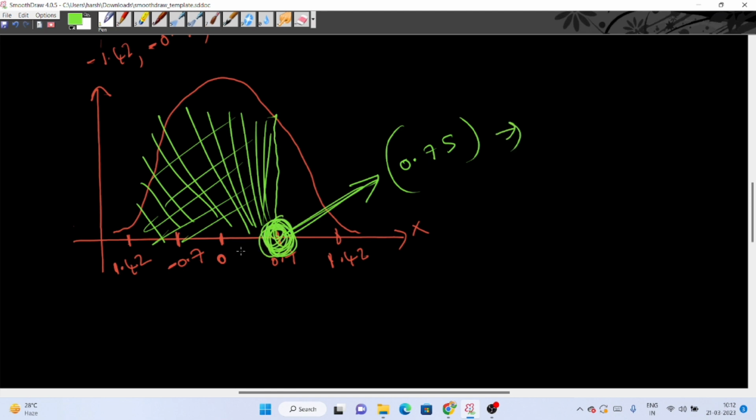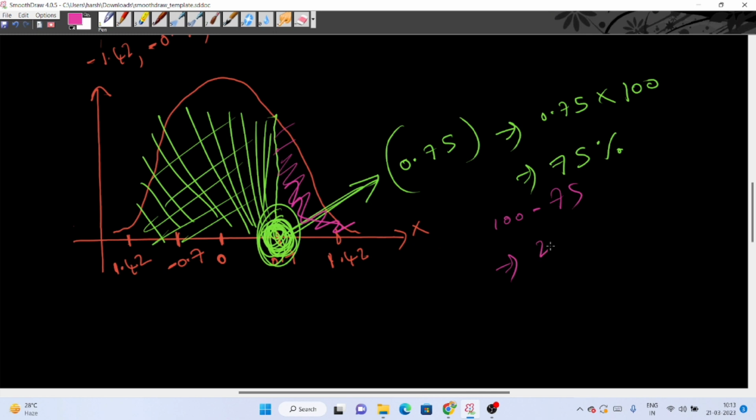So we can say that the percentage of the area before this point is nothing but 0.75 into 100, which is going to be 75%. But if someone asks you what is the percentage of the area after that particular point, that means if they ask you to find this area, simply subtract 100 minus 75.